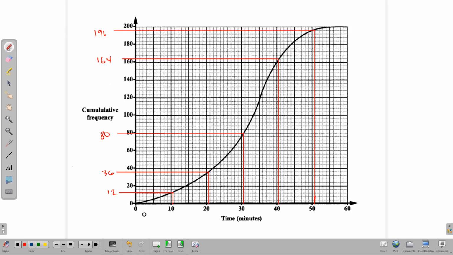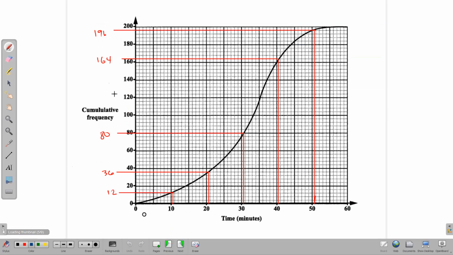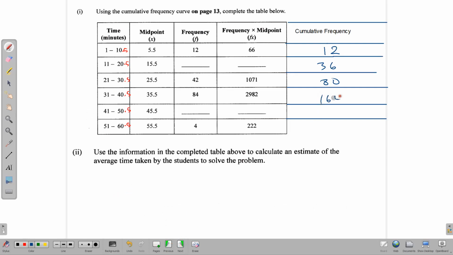So let's go here and write them in. 12, 36, 80, 164, 196, and of course the last one would be 200. So these are the cumulative frequencies.